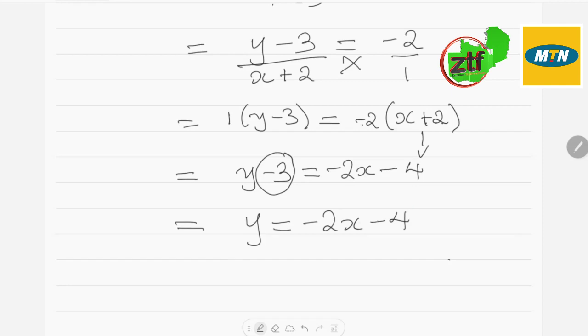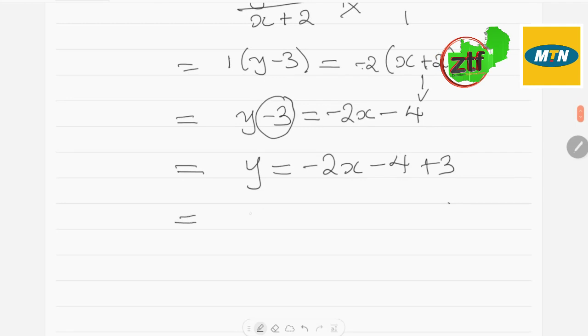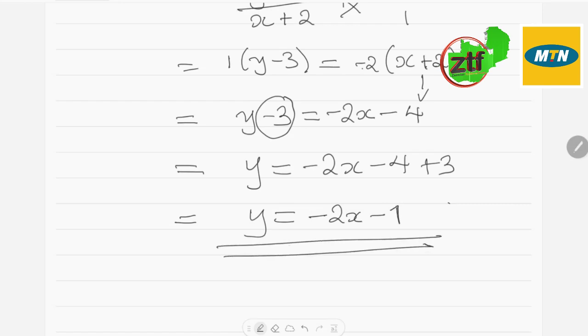So we are going to have negative 2x minus 4 plus 3. Then y equals negative 2x, and negative 4 plus 3 is going to give you negative 1. So this is the equation which is parallel to the given equation.